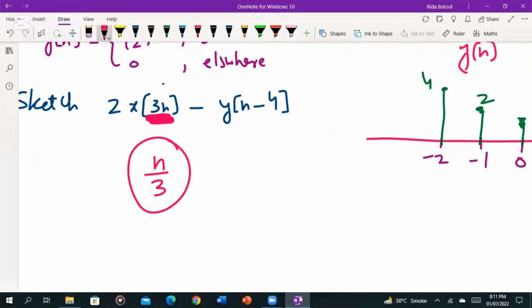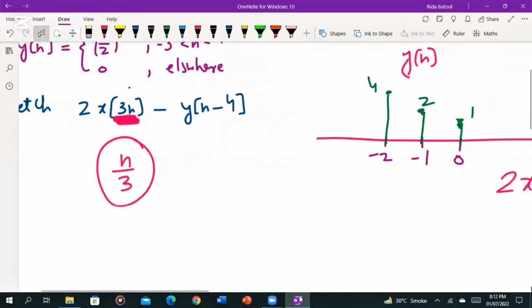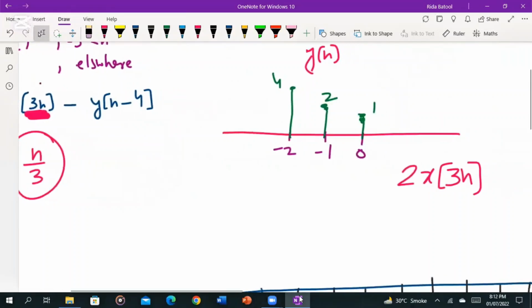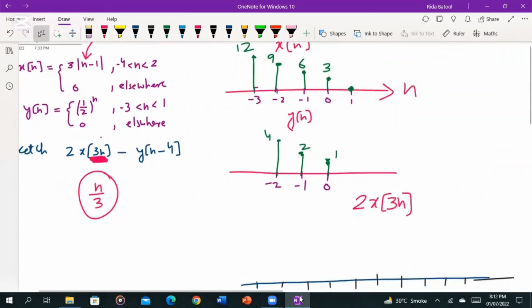When it's getting multiplied, the time will decrease, so it will get divided. The signal is becoming faster, so the samples come sooner. So it would be n by 3. You have to divide all values of n by 3.